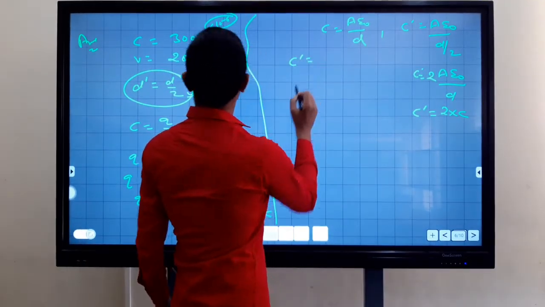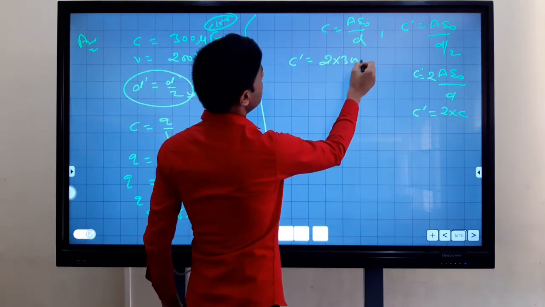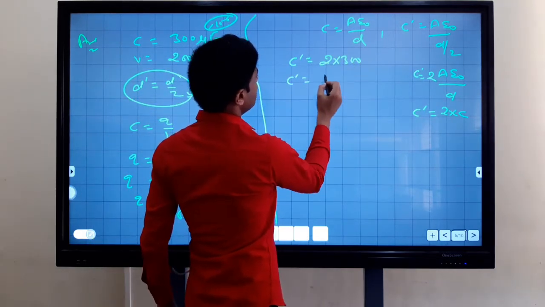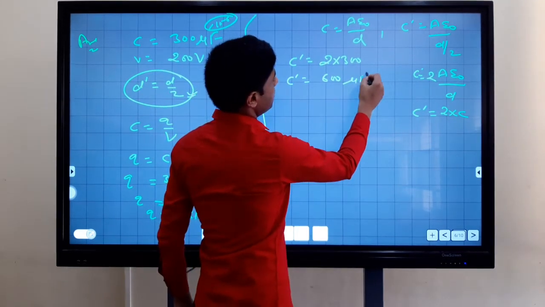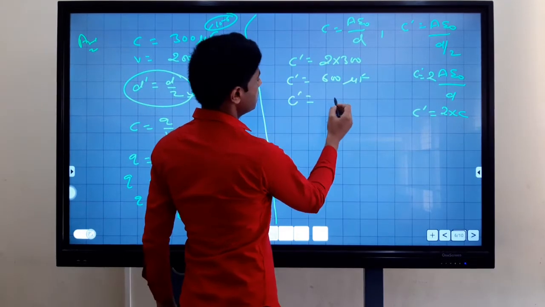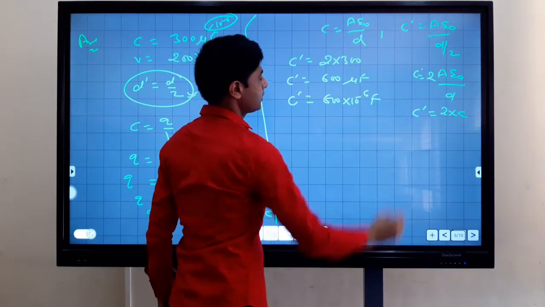So C dash equals 2 into 300 microfarad, which means 600 microfarad. So C dash equals 600 into 10 to the power minus 6.